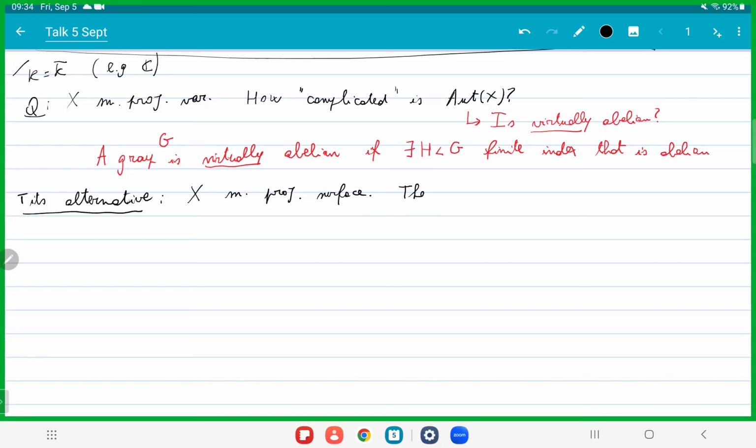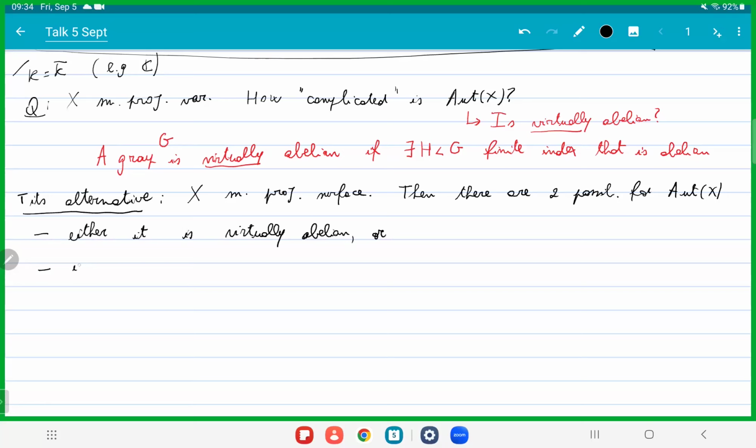And then there are two possibilities for the group of automorphisms of X. So either it is virtually abelian, or it contains a free non-abelian subgroup.